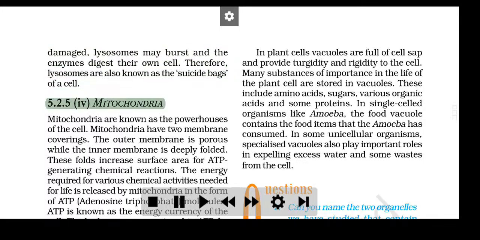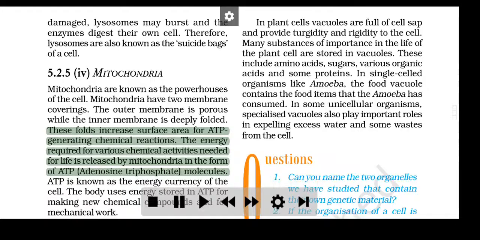5.2.5 IV Mitochondria. Mitochondria are known as the powerhouses of the cell. Mitochondria have two membrane coverings. The outer membrane is porous while the inner membrane is deeply folded. These folds increase surface area for ATP-generating chemical reactions. The energy required for various chemical activities needed for life is released by mitochondria in the form of ATP, adenosine triphosphate molecules.